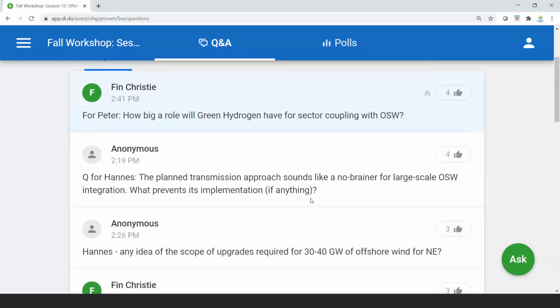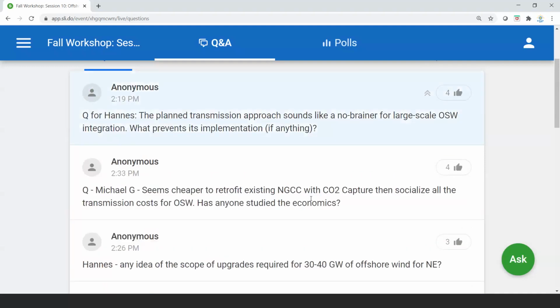Well, really good question. I think the implementation will ultimately have to happen because it's the only way to get it done. It's only a question of how quickly it will happen. And I think the main reason why it's not happening already, you can do planning before you actually construct it.